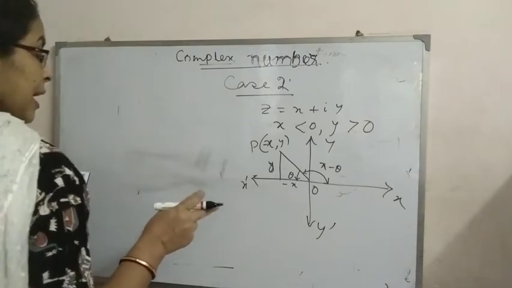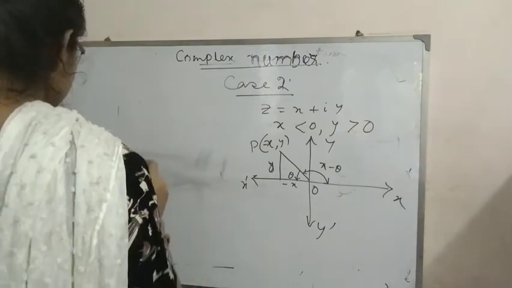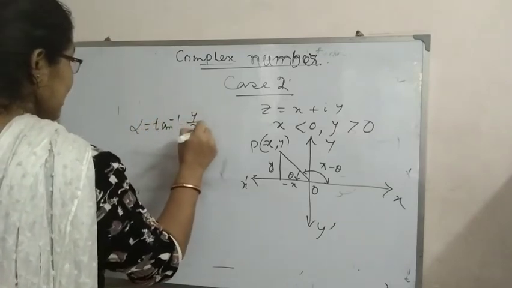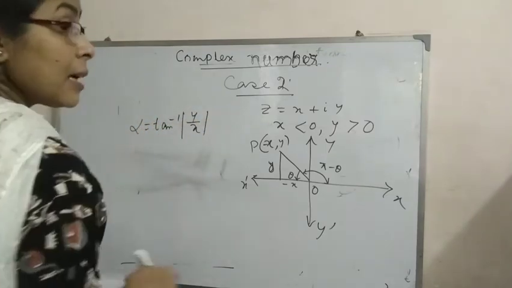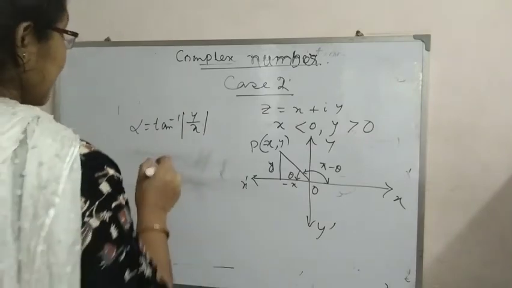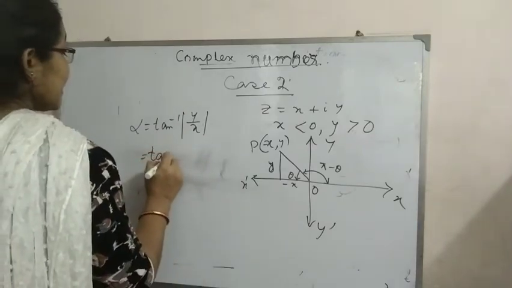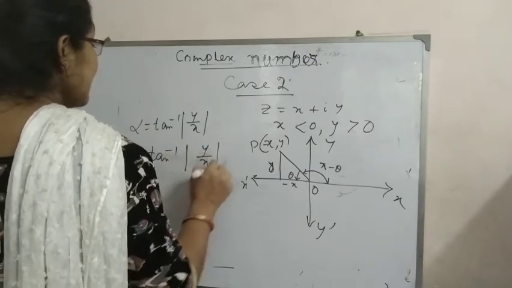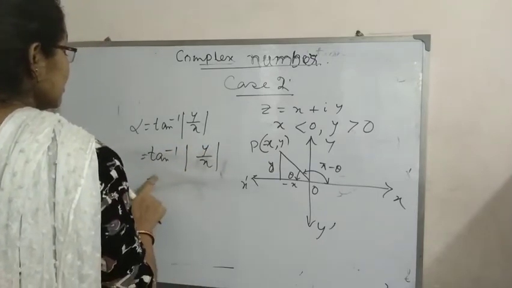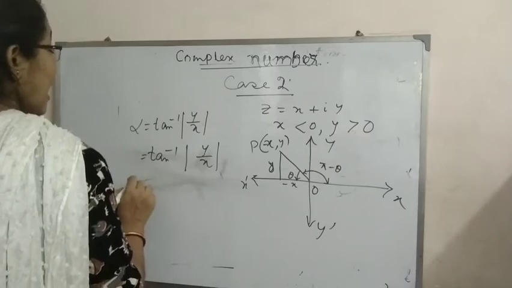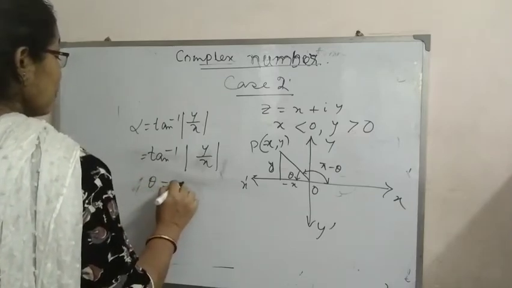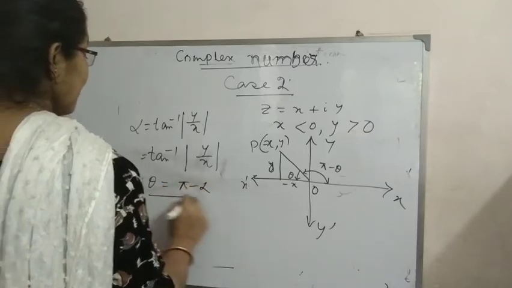Similarly, let alpha be the acute angle given by alpha equal to tan inverse of mod y by x, and theta be the amplitude of z. This is equal to alpha, and theta equal to pi minus alpha.